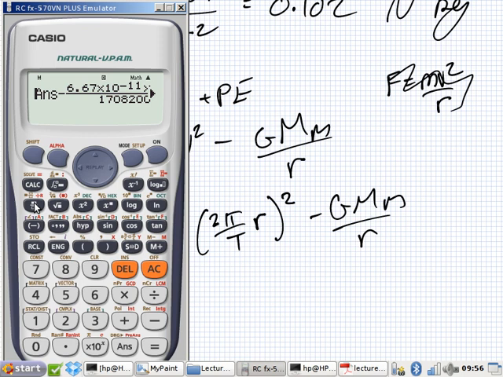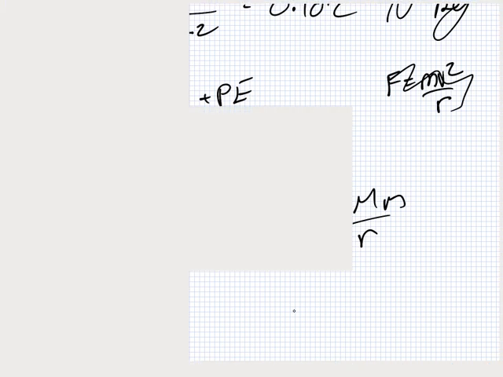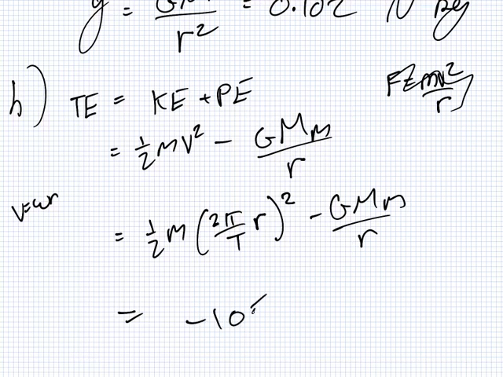Right, so this is the total energy. I feel like it should be negative because it's still trapped. Although it's moving, it's actually trapped, so it should still be negative. Can we get this in megas? Yeah, minus 105 megajoules. So that's how much energy the probe would require to be freed from this circular orbit.